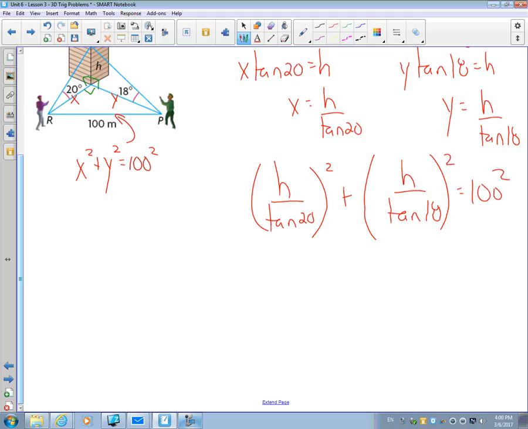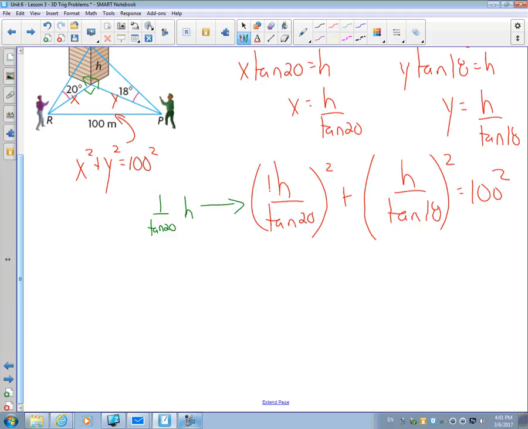Well, now when you have one variable, one equation, I can solve this. Right? I actually have to figure out what this number happens to be. Now, inside the bracket, it's really 1 divided by tan 20. So if we type it into our calculator, 1 divided by tan 20, we get 2.747. So I'm going to think of this as 1 over tan 20 with an h attached to it.